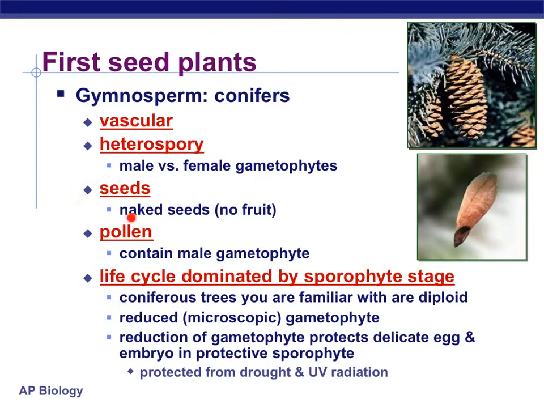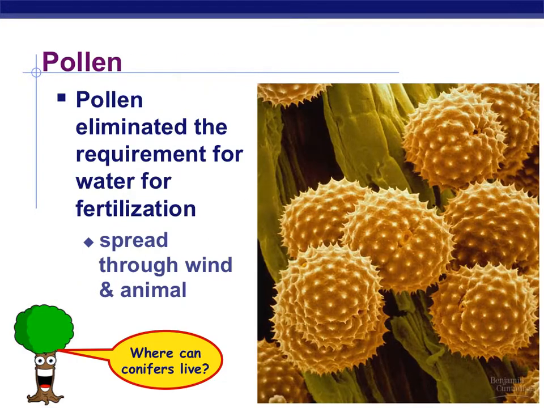The naked seeds means there's no fruit, no fruiting body for protection or nourishment, but also the development of pollen, which means that the reproductive cells are going to be able to be transported over long distances. So that, of course, is going to increase the reproductive success, and therefore the success of the species itself.